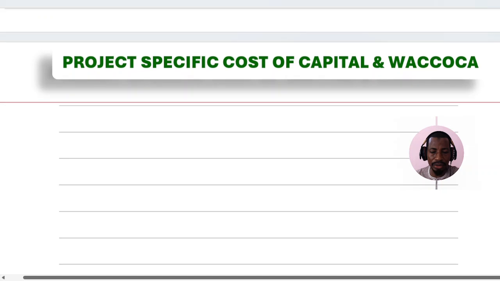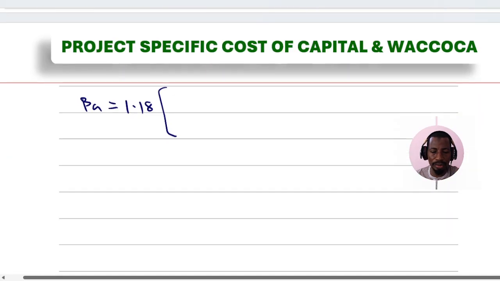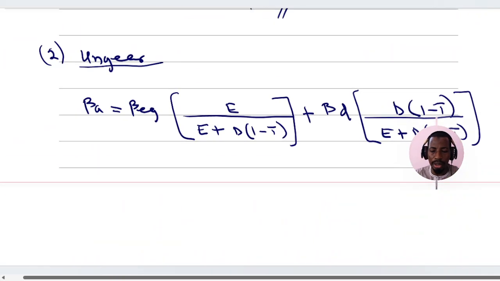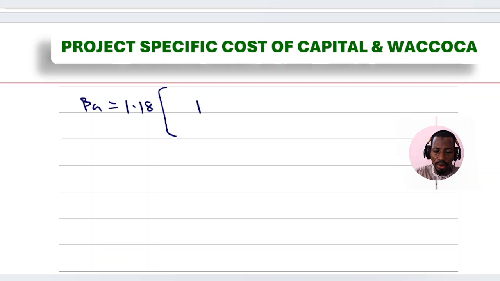So let's continue now with step 2. This is where we stop. So E is the equity value. Equity value of the proxy company is 191,909 divided by 191,909 plus 1 minus tax.